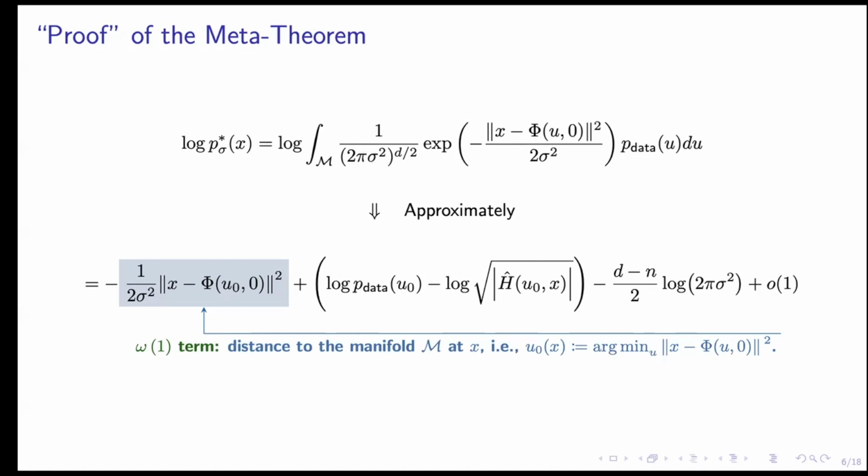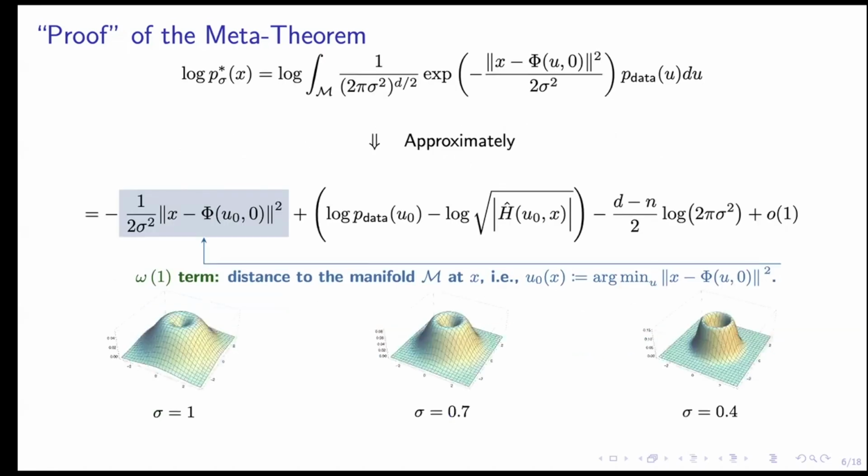Here the expansion is taken near the tubular neighborhood of the manifold, where we have a unique projection onto the manifold. The first term is just the distance to the manifold, with no side information like the P data density information. As sigma goes to 0, this term becomes very dominating and very large, and it forces your density to concentrate on the manifold. Here's an illustration where the manifold is just a 1D circle embedded in 2D space.